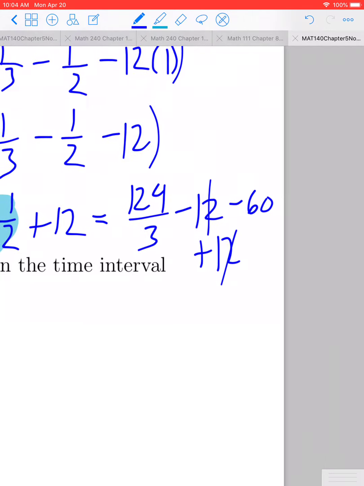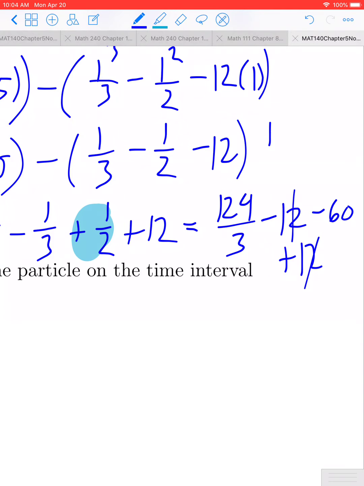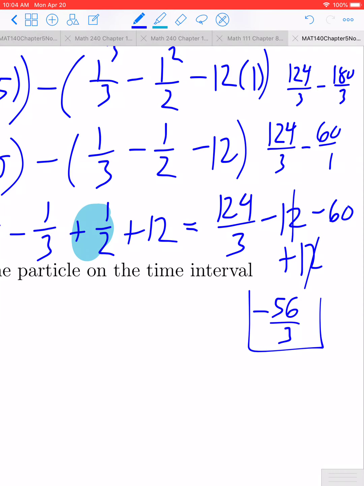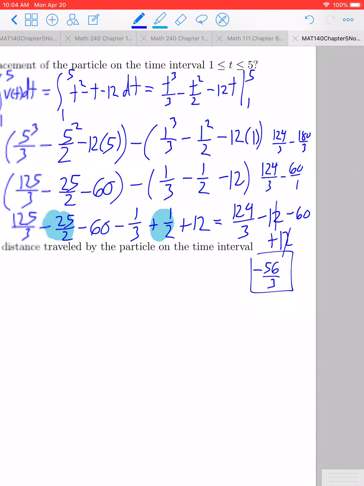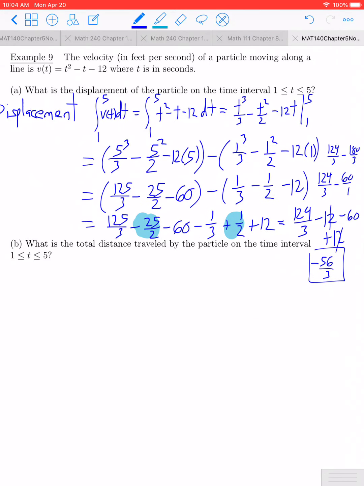The 12s cancel, so it ends up being equal to 124 over 3 minus 60 over 1, which would be 124 over 3 minus 180 over 3, which will give us negative 56 over 3. That would be the total displacement of the particle from t equals 1 to 5.